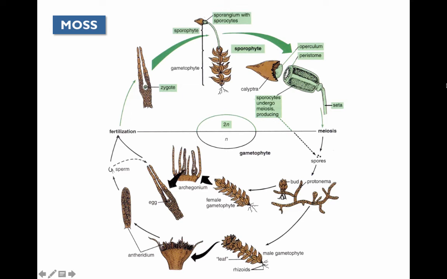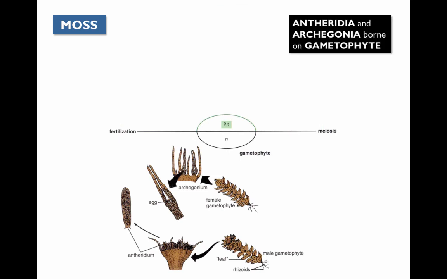So let's have a look at the life cycle, beginning with the multicellular haploid phase, or the gametophyte. And here we have the female gametophyte and the male gametophyte, both elongated structures with these leaf-like organs, and towards the apex we have the antheridia and archegonia localized.